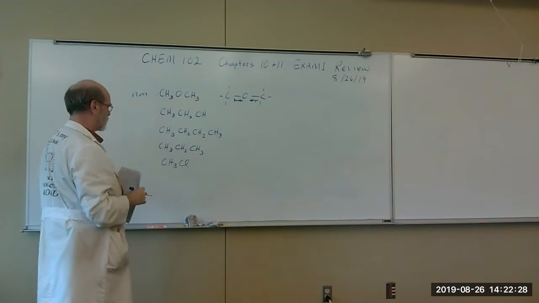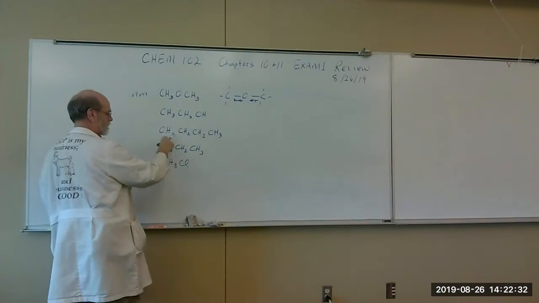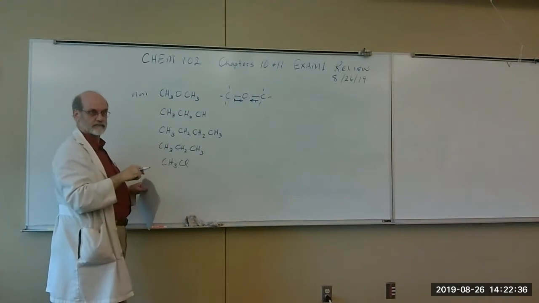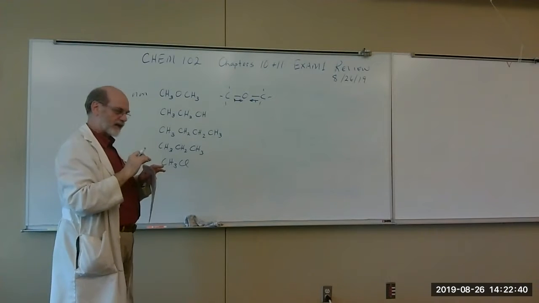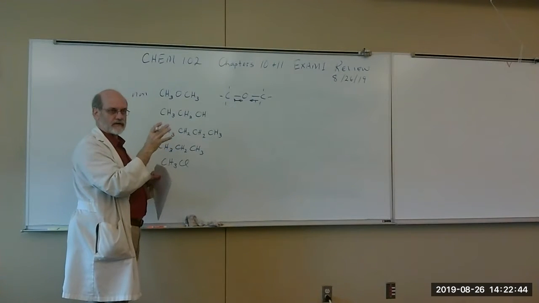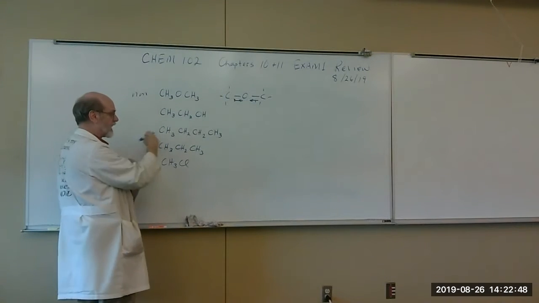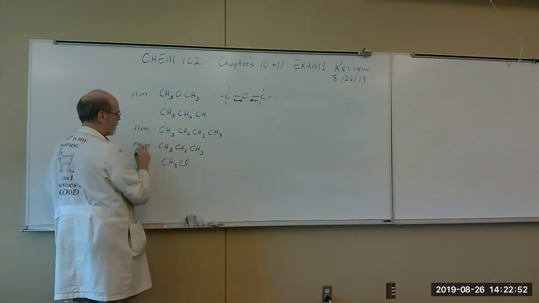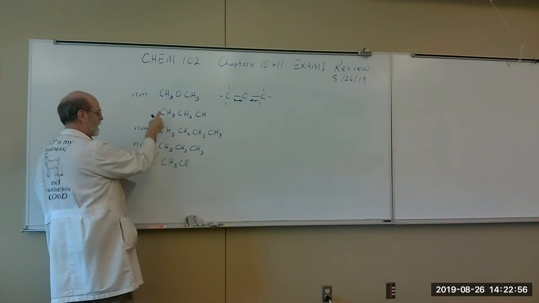All of these are non-polar. All those bonds between carbon and hydrogen are slightly polar, but they're symmetrical in the tetrahedron around each one, so they cancel each other out. So the only two polar molecules are this one and that one.